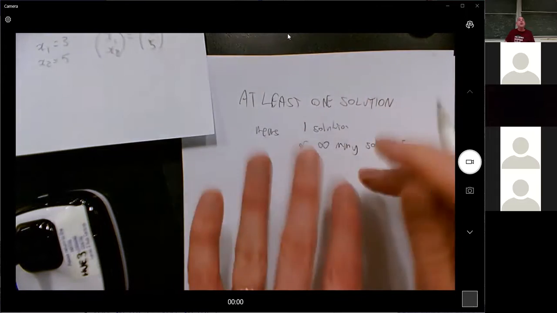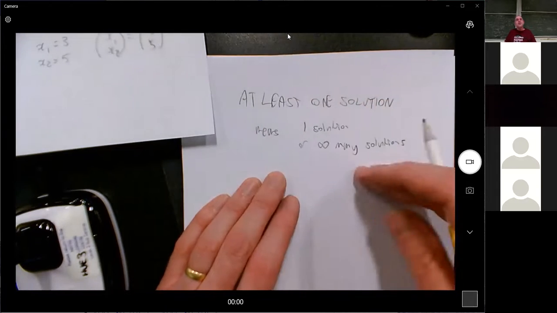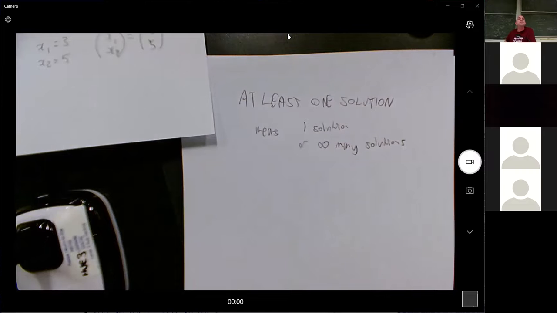But it doesn't tell you which is which. It just says at least 1 solution means I'm in one of these 2 situations, but I haven't told you which one. It just means there's not no solutions. Yeah. Okay.